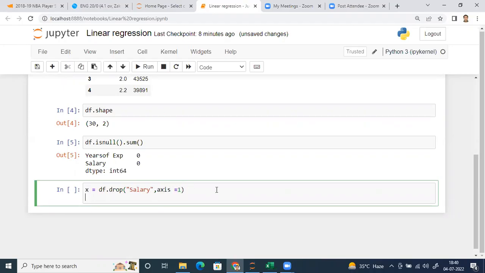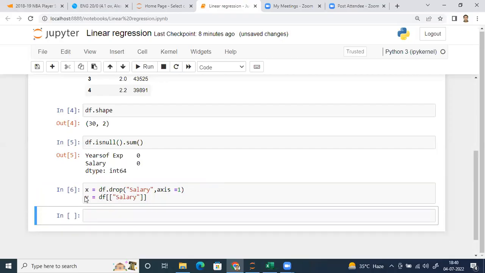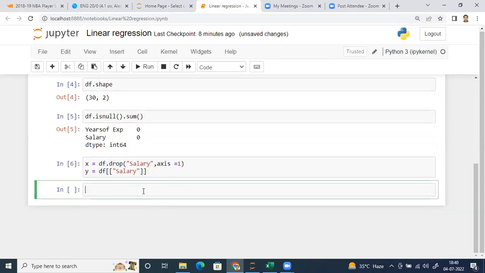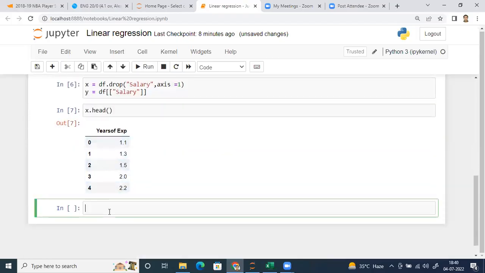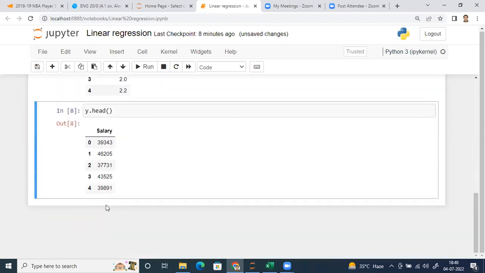And then Y should be nothing but df with double bracket salary. Execute, done, and let me verify once. X.head, only one column, perfect. And let me check Y.head. Okay, only one column, perfect.